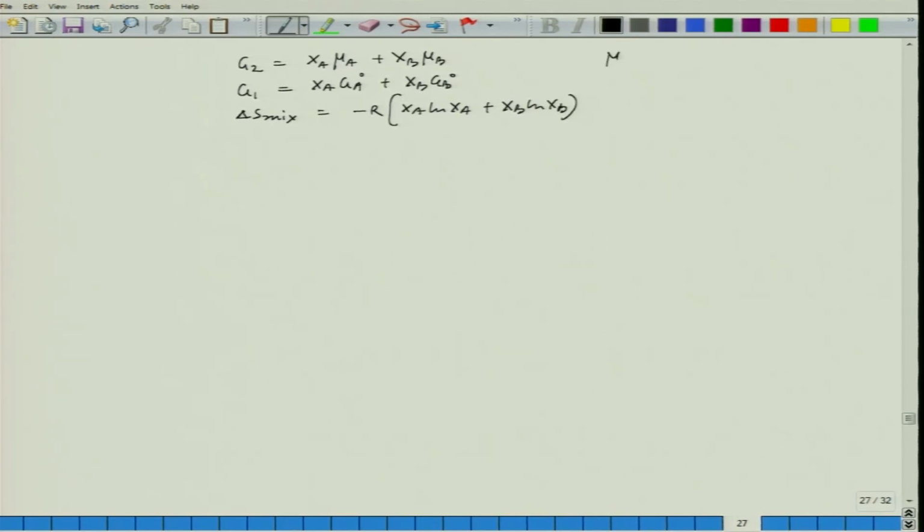And here mu a is basically the chemical potential of A in solid solution, and mu b is basically the chemical potential of B in solid solution.